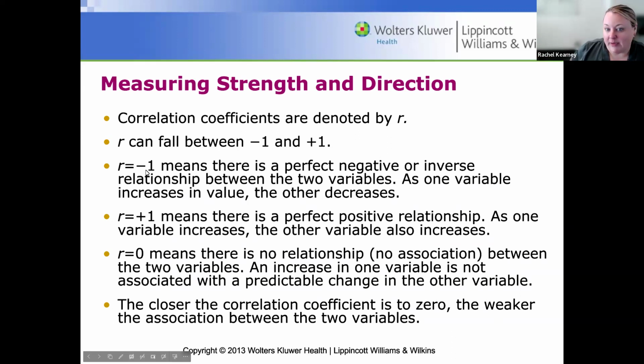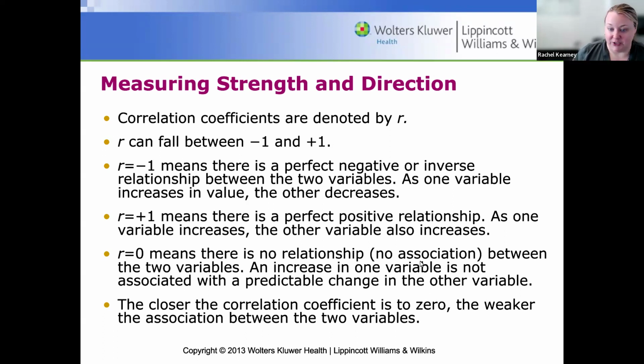An r equaling -1 means there's a perfect negative or inverse relationship between the two variables. So basically, as one variable increases, the other variable decreases. An r of +1 means that there's a perfect positive relationship, and that means as one variable increases, the other variable also increases.